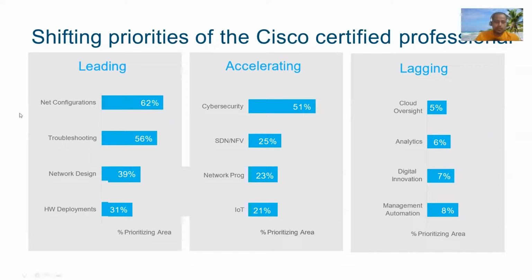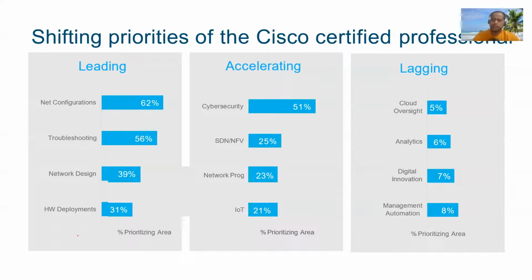Now you can see here in the chart what the expectation is and where we are standing at the moment. You can see that Cisco engineers are leading in network configurations. And again, this video is related to network engineers.